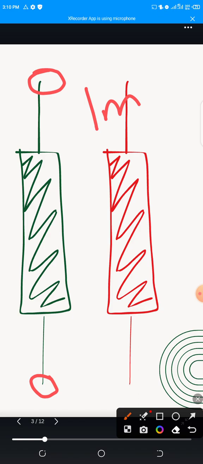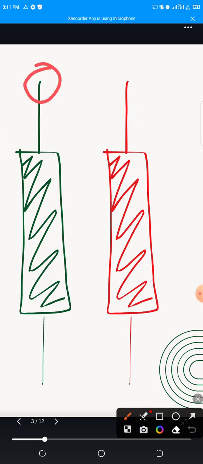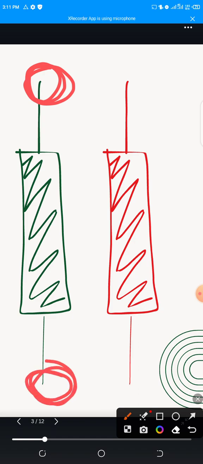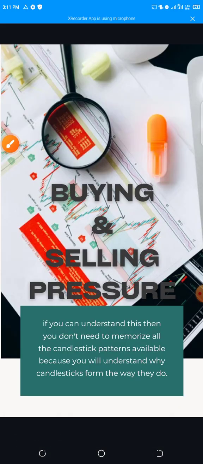Let's say we are trading the 15 minutes time frame. In that 15 minutes time frame, price went to this highest point, and within that same 15 minutes, this is the lowest point price went to. So now we can move forward.